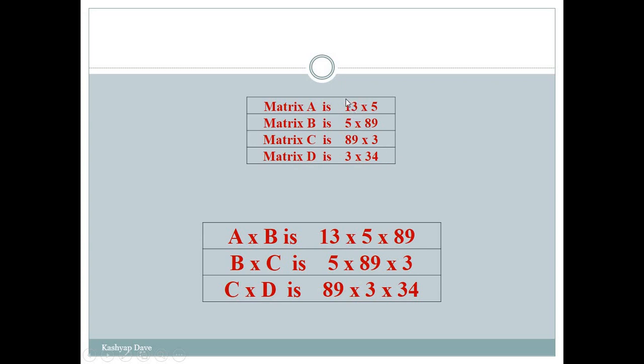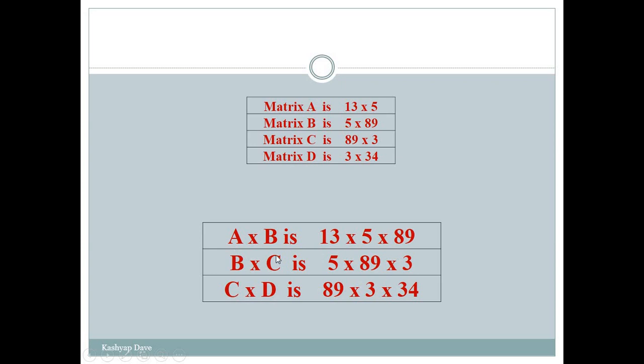So it is mismatched, and we cannot multiply D with A. If we want to multiply A with C, then also we cannot multiply them, because in matrix A the number of columns is 5, but in matrix C the number of rows is 89. They are not the same, so we cannot multiply A and C.